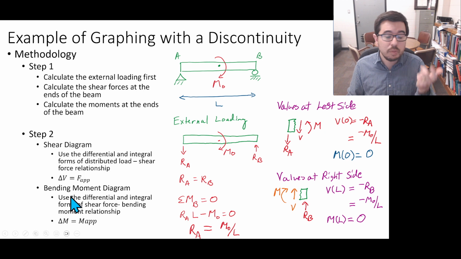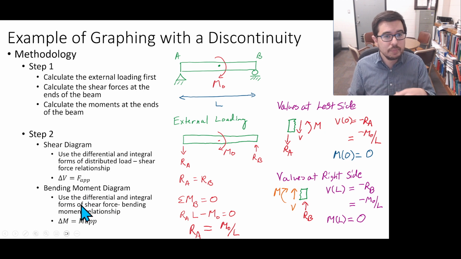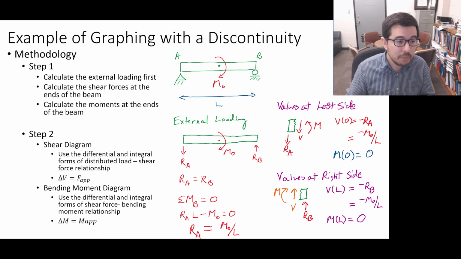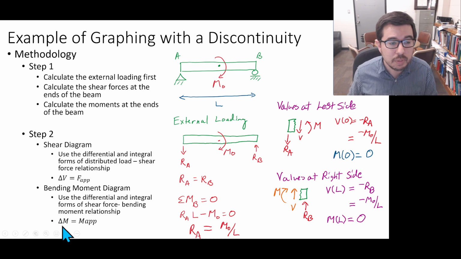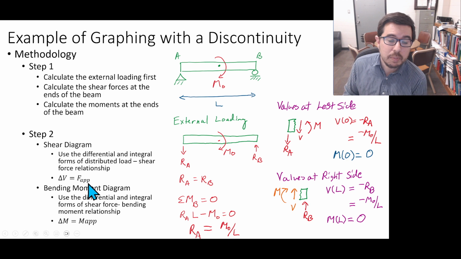Similarly, we have the opportunity to make a bending moment diagram, and we're going to use differential or integral forms of dM dx is equal to V. And again, if we happen to encounter an applied bending moment, there should be a jump delta M. Now in this problem, there's no discontinuity in applied force.